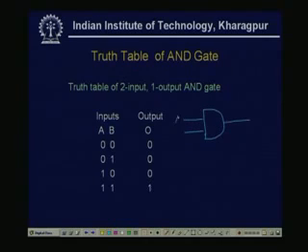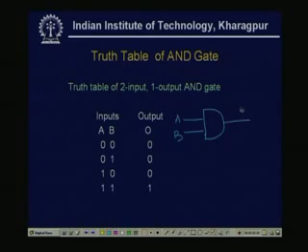This input is A, another input is B, and this is my output, say Z, or say I am taking this as O.